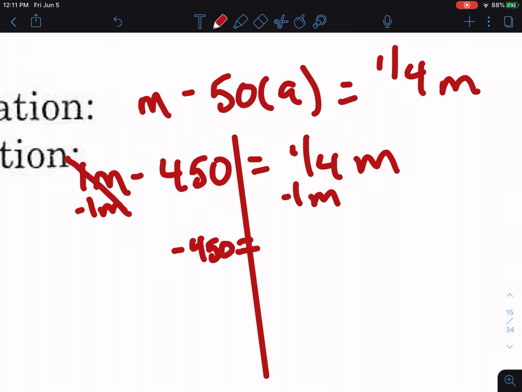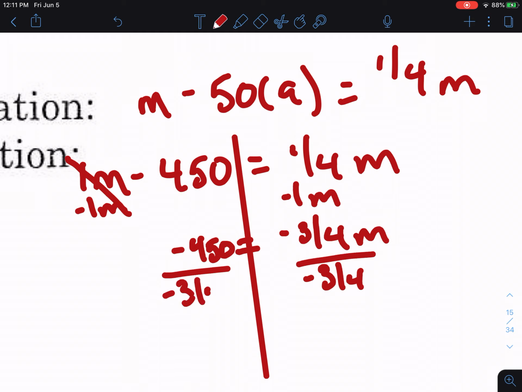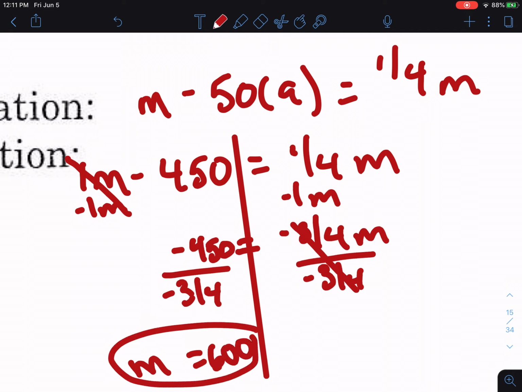Plug that into your calculator and you should end up with negative 3/4 M. I'm going to divide both sides by negative 3/4. I'm going to end up with M equals negative 450 divided by negative 3/4, and make sure you keep your negatives, is 600. And that is your answer for the first one, 600.